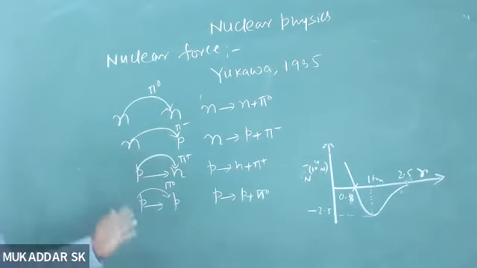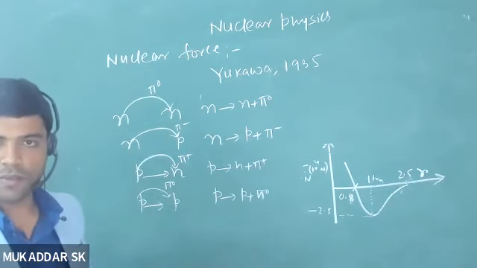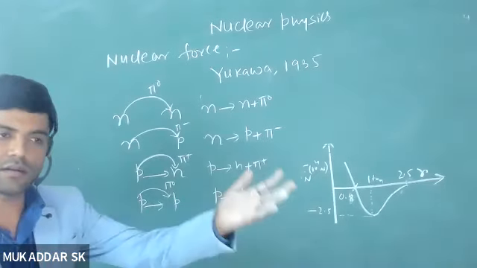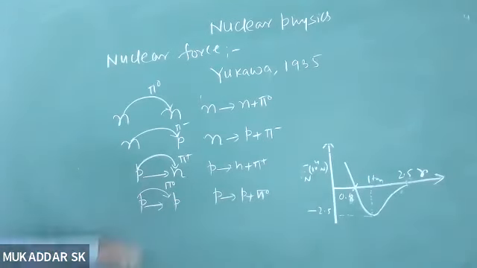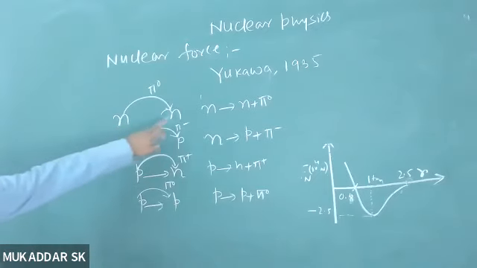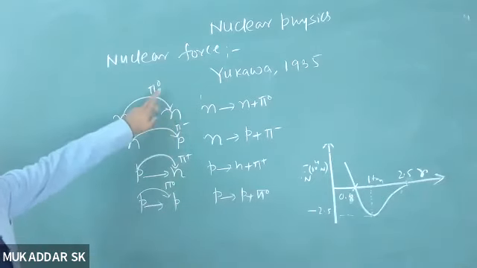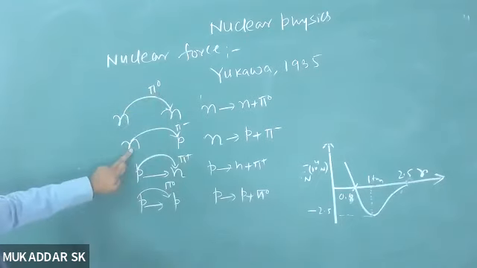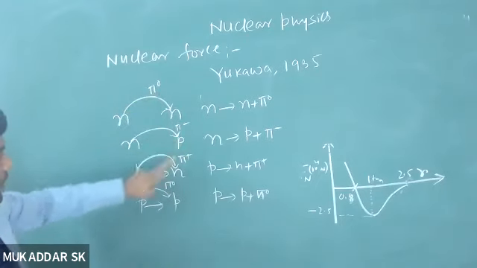A hundred years back, it was happening. Now it's happening. A hundred years later, it will happen. This process is happening continuously. But what we are learning is that a neutron is attracting a neutron by the exchange of pi zero. A neutron is attracting a proton by the exchange of pi minus.